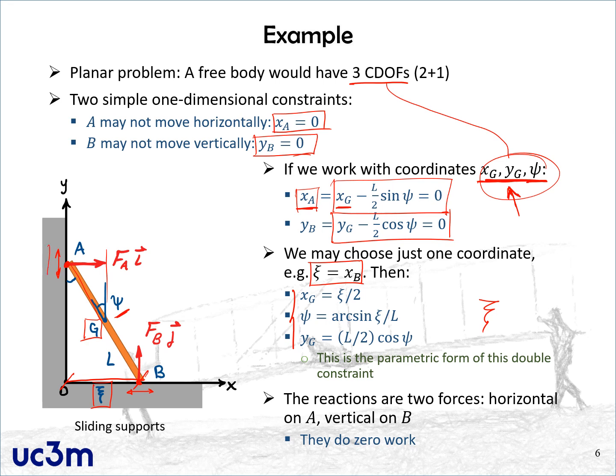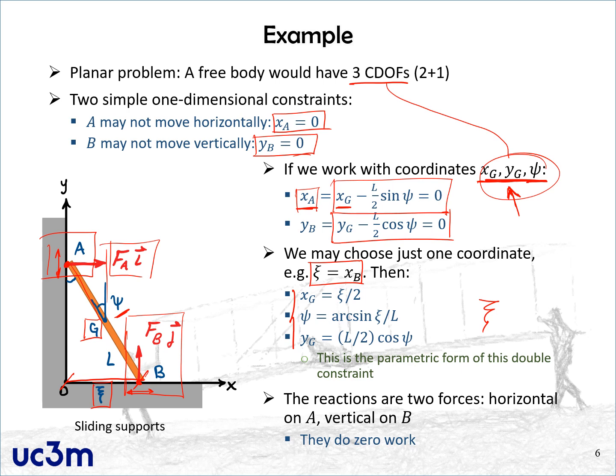So since in the case of point A, it cannot move left and right, the force that appears is a horizontal force of unknown magnitude. That would be the force Fa, as you see over there. And similarly for B, which cannot move up and down, what we have is a force in the vertical direction. In this case, there are no reaction torques applied at the point of contact. And this is all you would have for this example.